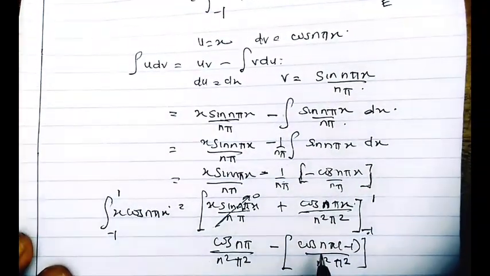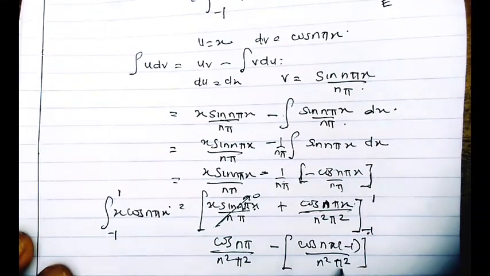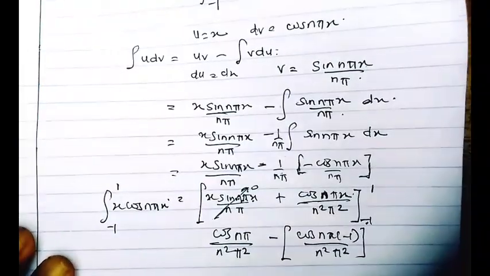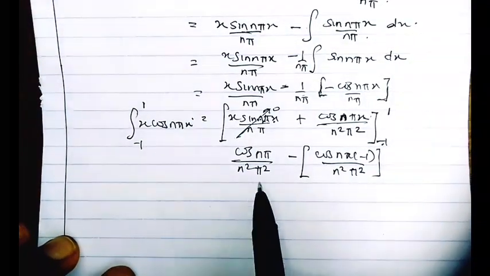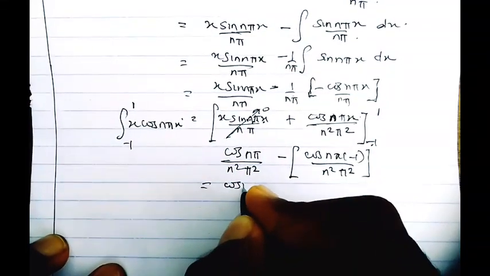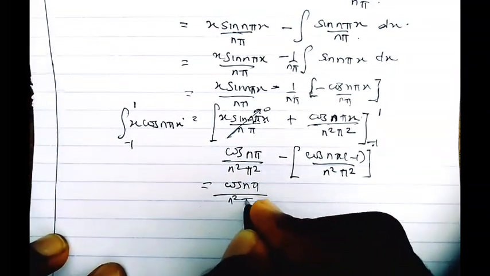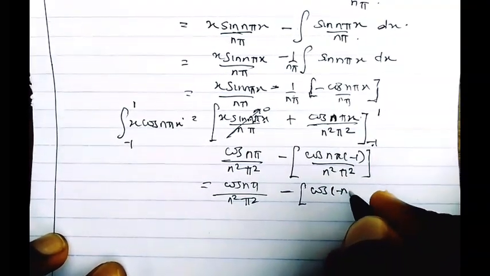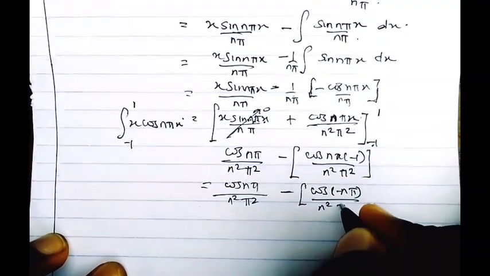So now let's continue, right? Writing this out, we have cos n pi over pi square n square, minus cos minus n pi over n square pi square.